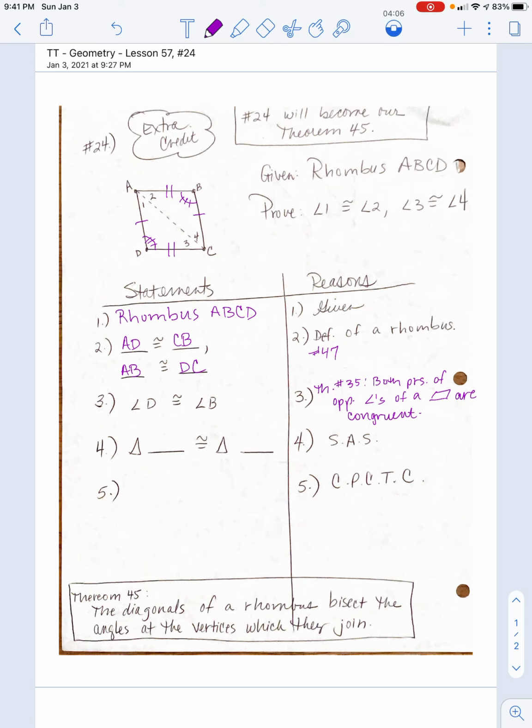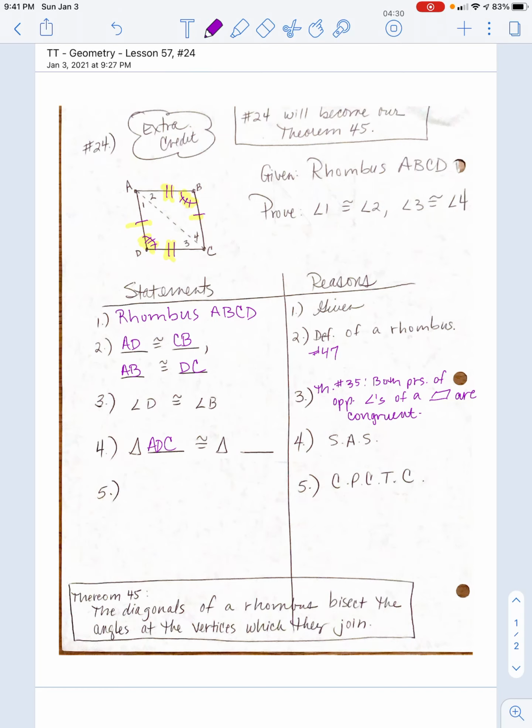Okay, now if you notice, we have 3 parts, and that's all we need in our shortcuts, remember, to prove triangles congruent. So here's what we have. We have a side, angle, side, side, angle, side. So that's how we've proven these two triangles to be congruent. So we're going to go ahead and write down the triangles' names.